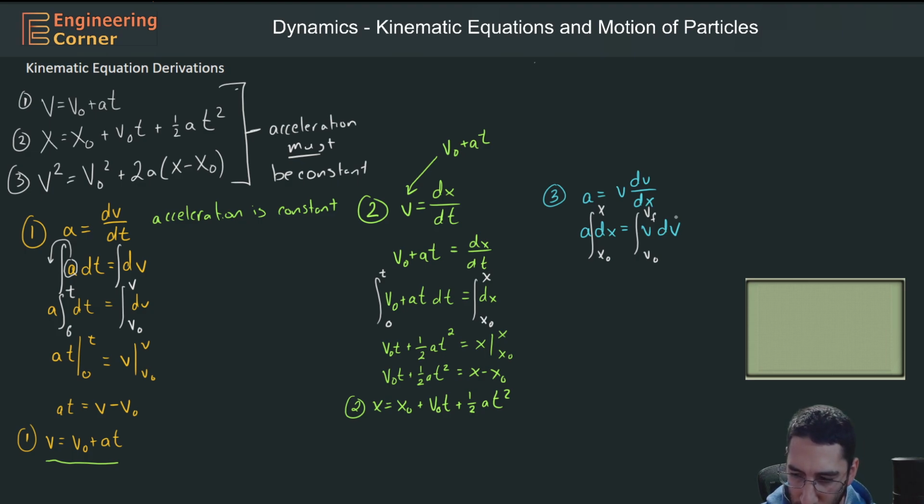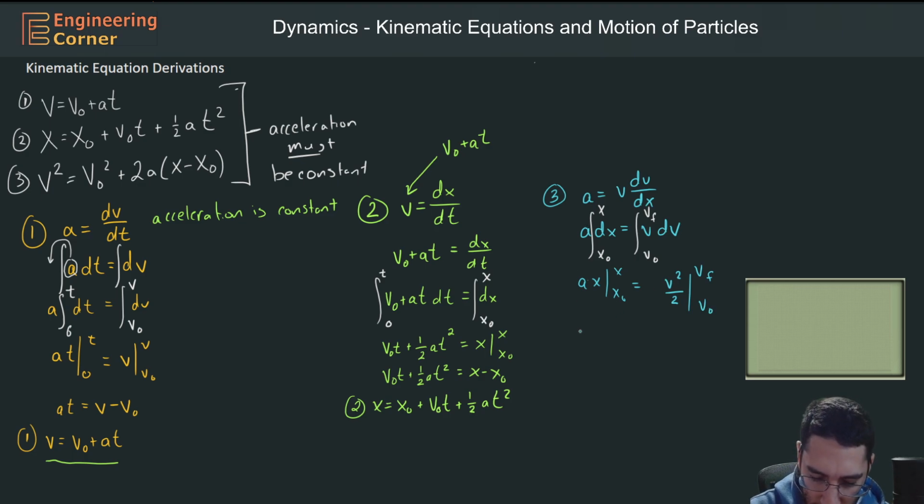And when we integrate, we have a times x, evaluated from x to x naught, is equal to, well, this v right here is going to be v squared over 2. This is going to be evaluated from a final velocity to an initial velocity.